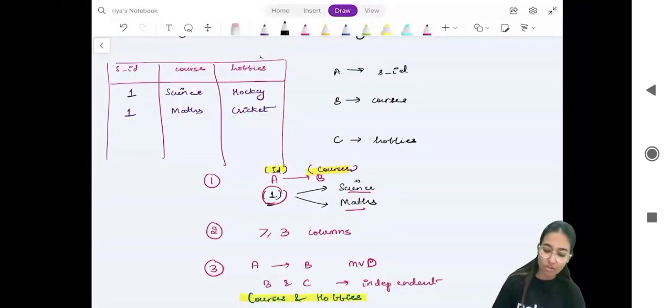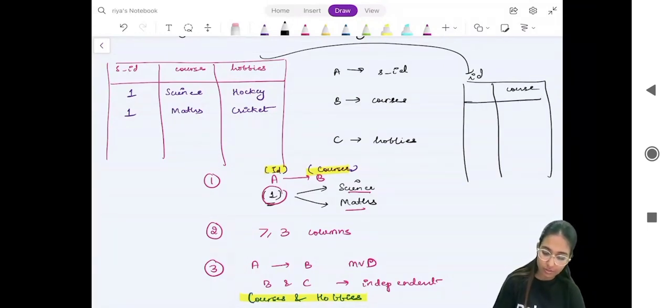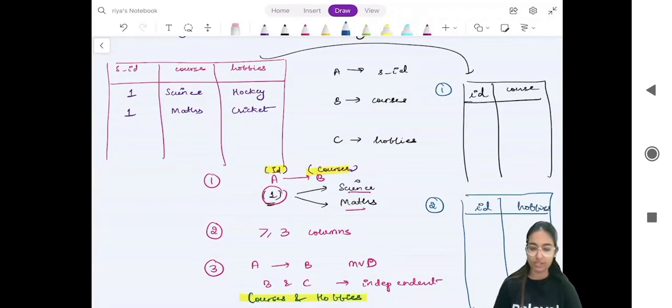And how did we now solve this problem? We basically divided ID and course into a table, and then ID and hobbies into a table.